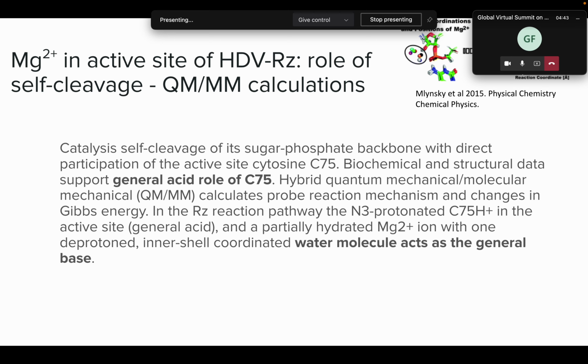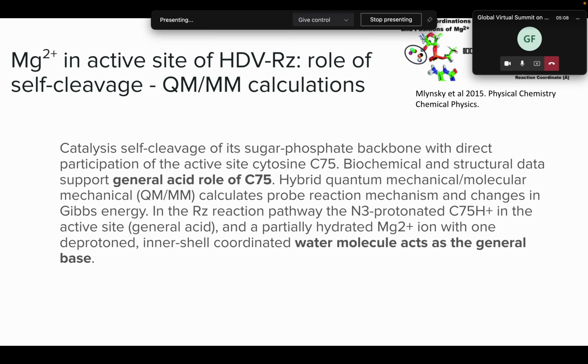So in the hybrid quantum mechanical and molecular mechanical calculations, they looked at the reaction mechanism and the changes in the Gibbs energy. So the ribozyme reaction pathway has the N3 protonated C75 proton in the active site as the general acid, and then the partially hydrated magnesium ion that's deprotonated.